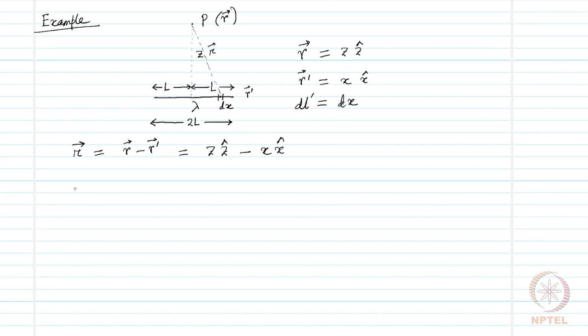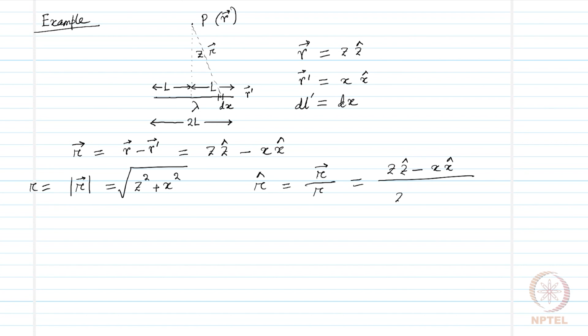Given this, we can write the magnitude of the distance vector, that is square root of z square plus x square, and the direction of this curly r vector, that is r cap, is r vector over r magnitude, which is z cap minus x cap over square root of z square plus x square.